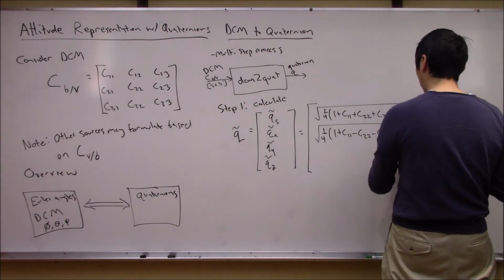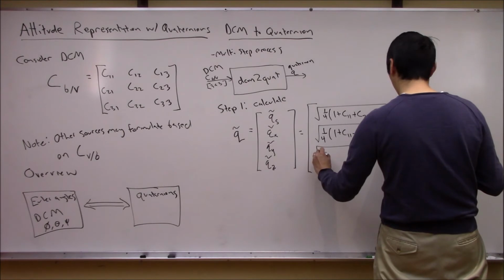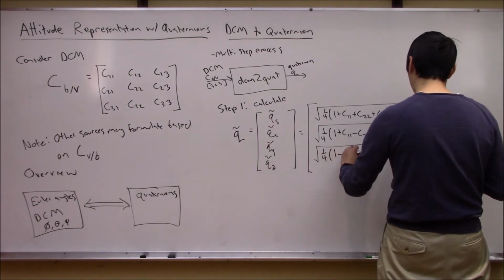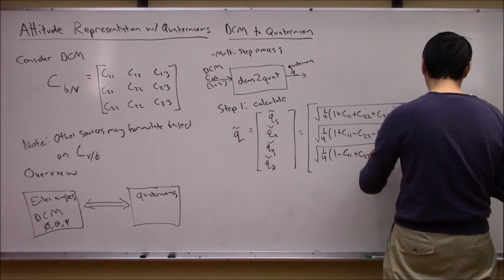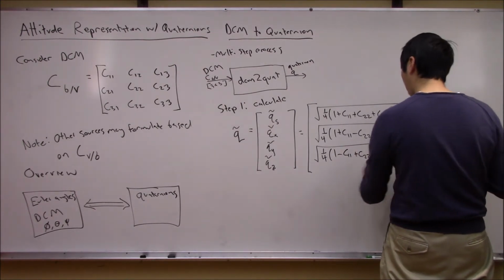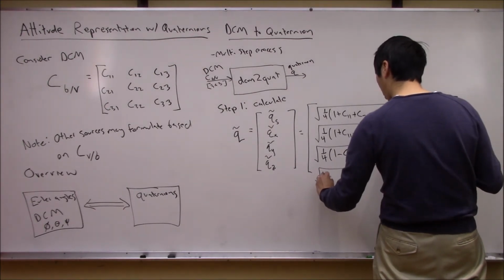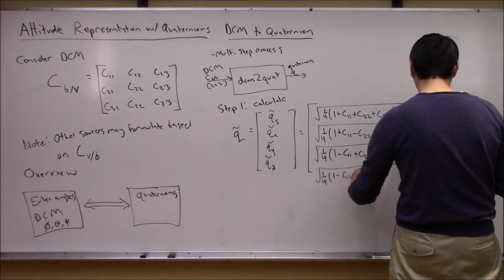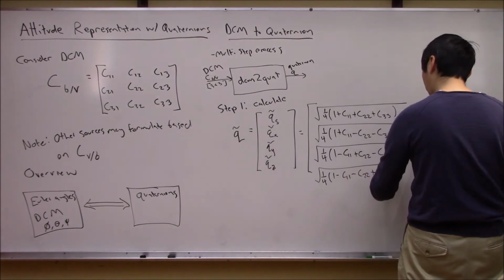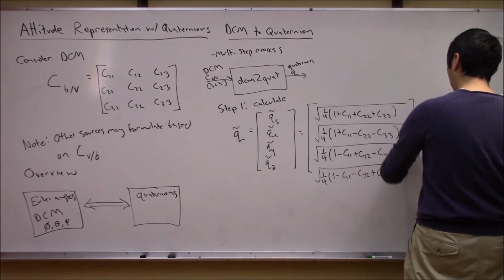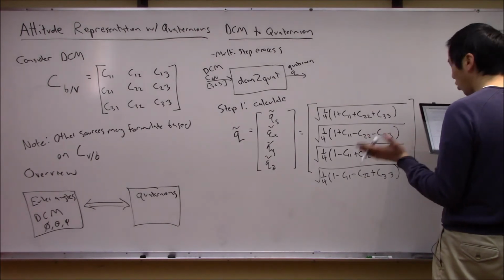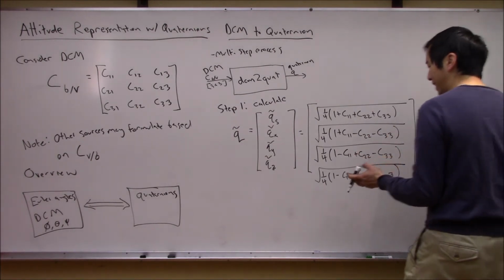The third element is the square root of 1/4 of 1 minus C11 plus C22 minus C33. I think you're seeing a pattern here. The fourth element is the square root of 1/4 times the quantity 1 minus C11 minus C22 plus C33. So you calculate this weird 4x1 matrix, which looks similar to a quaternion, but it's not.